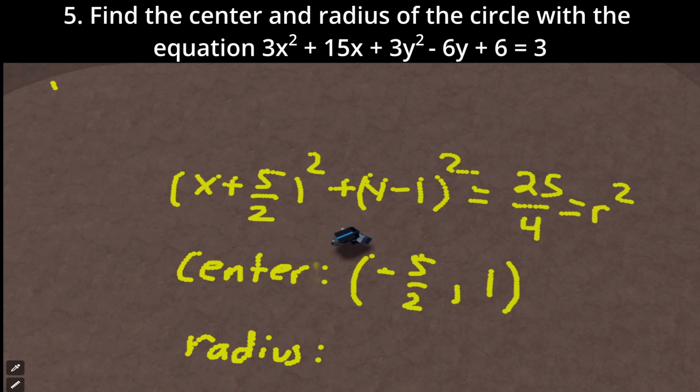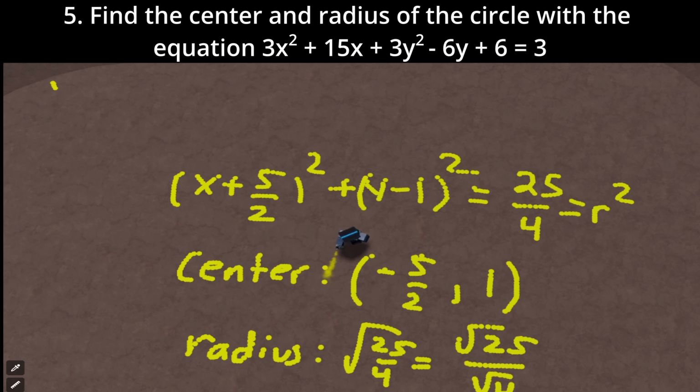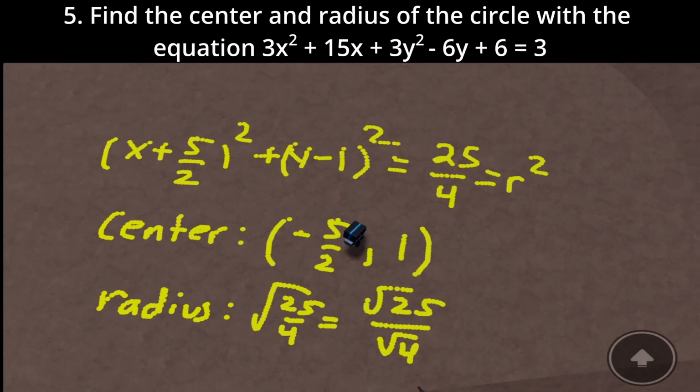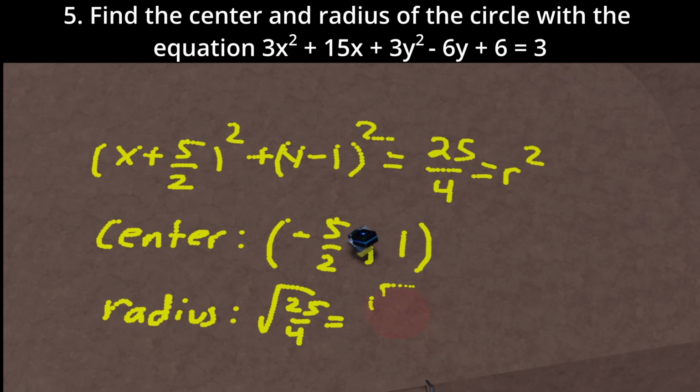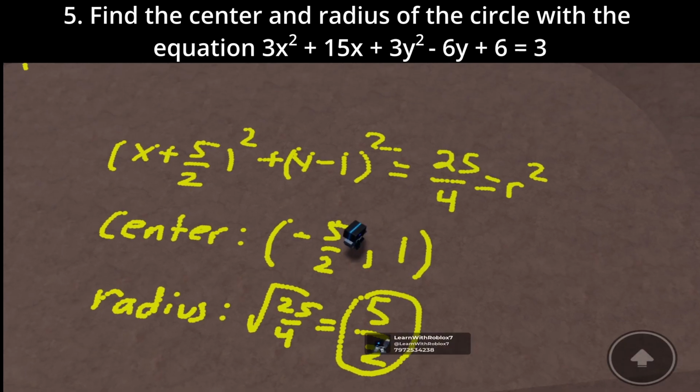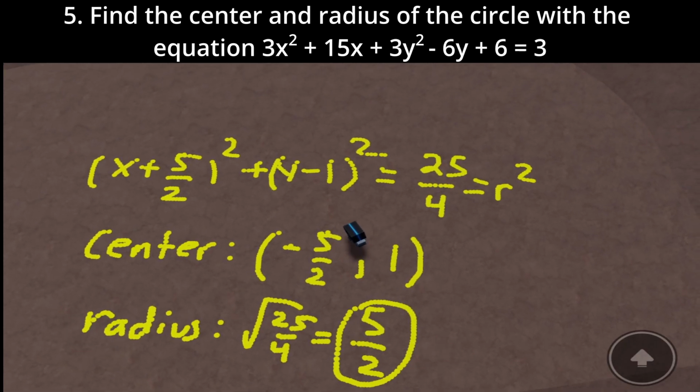So the radius is the square root of 25 over 4, which is the square root of 25 over the square root of 4. The square root of 25 is 5, and the square root of 4 is 2. So our radius is just 5 over 2.